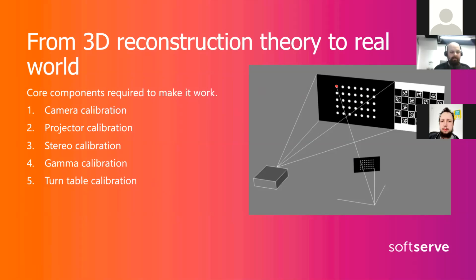And in the end, because we want to make the 3D model, we need to turn our object. So strange as it may seem, we also need to calibrate the turntable to understand how it rotates.